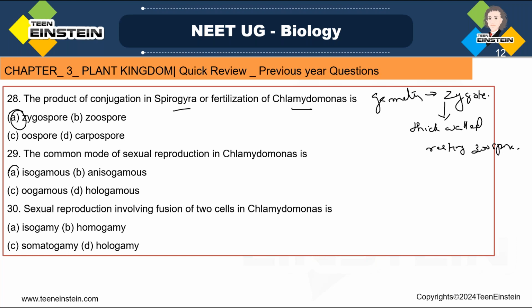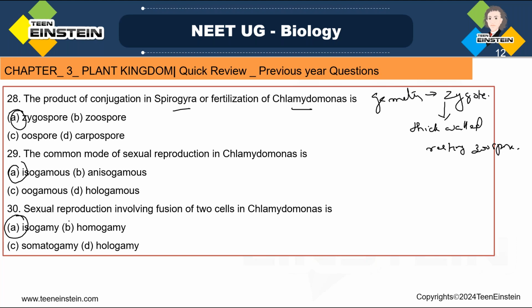Here, fusion of two similar cells takes place, that is isogamy, which is the common mode of sexual reproduction in Chlamydomonas. Next, question number 30. Sexual reproduction involving fusion of two cells in Chlamydomonas is isogamy.